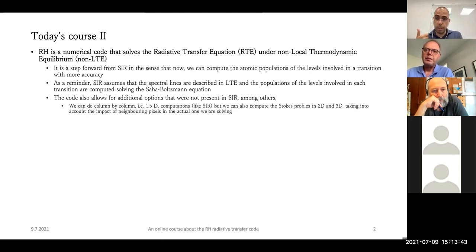For example, in the case of SER, we solve the radiative transfer equation column by column, so it's like a 1D or 1.5D solution. But in the case of RH, we have the option to add a 2D or even a 3D computation. That means that we are also taking into account radiation and the effect of having pixels around the pixel of interest, which is very important mainly for non-LTE.